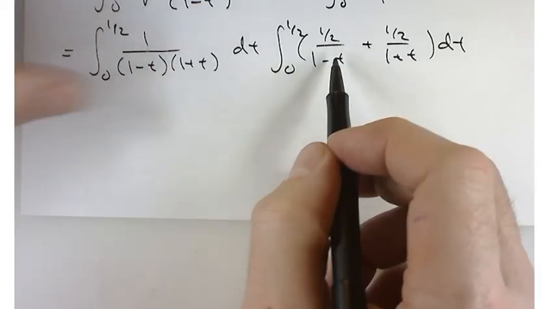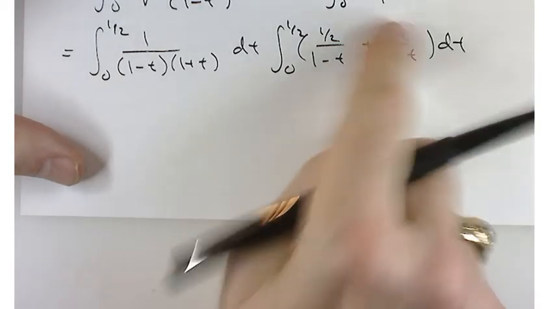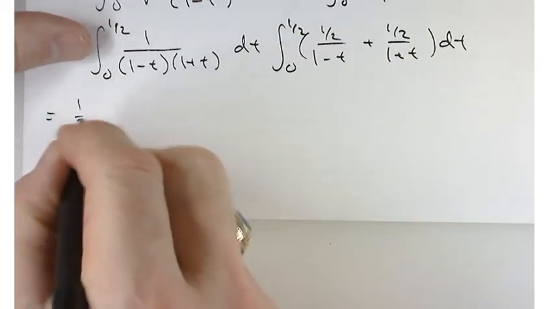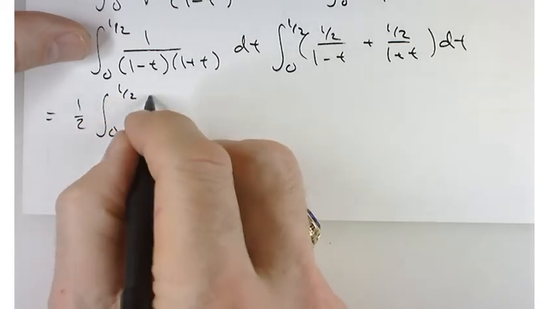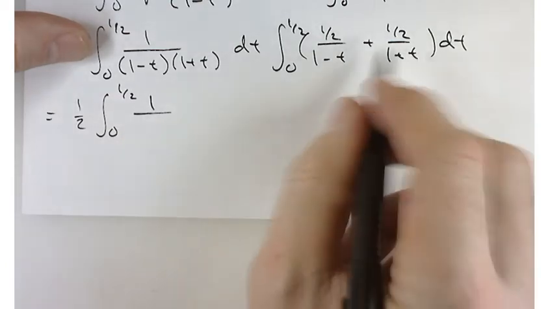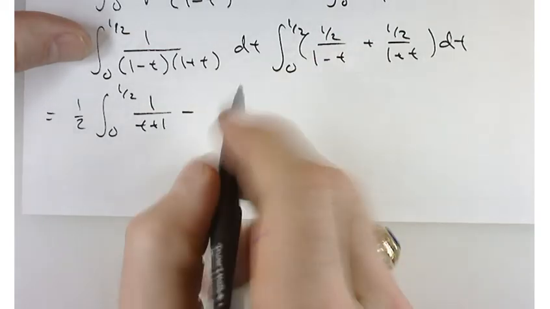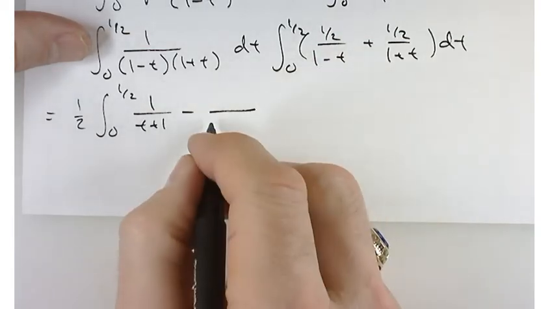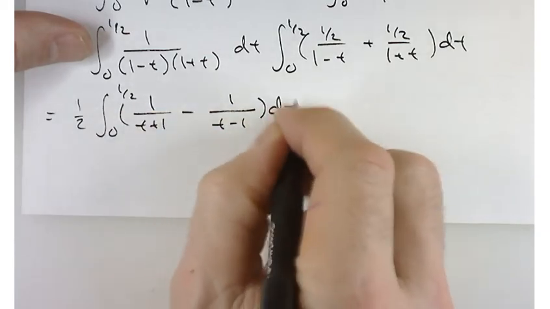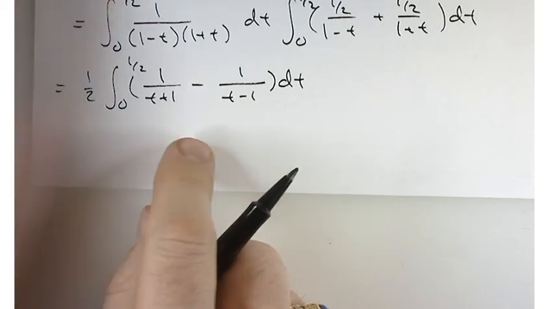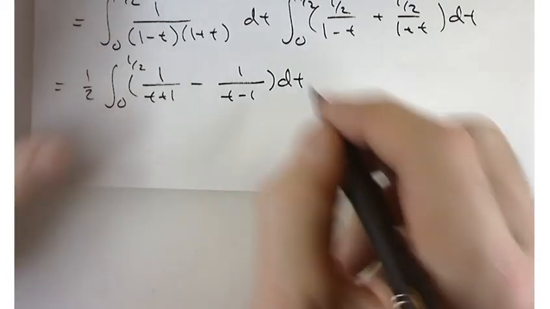I'm going to change this around a little bit. I'm going to factor out the negative from this, and let's factor out the 1/2 at the same time. So it's going to be 1/2 times the integral from 0 to 1/2 of 1 over (t plus 1) minus, because I'm factoring out the negative there, and I'm going to change the order of that, 1 over (t minus 1) dt. I did that so I can integrate these directly and get logarithms.